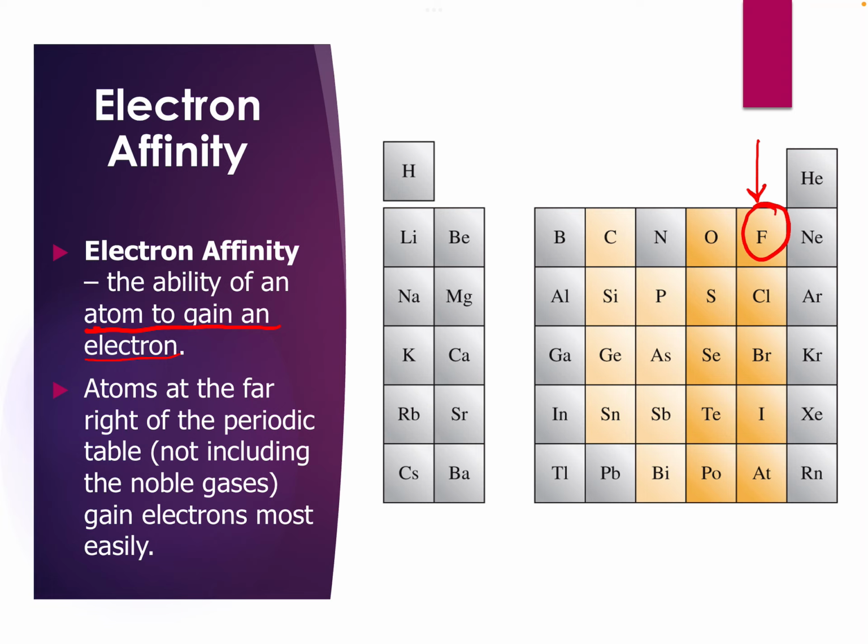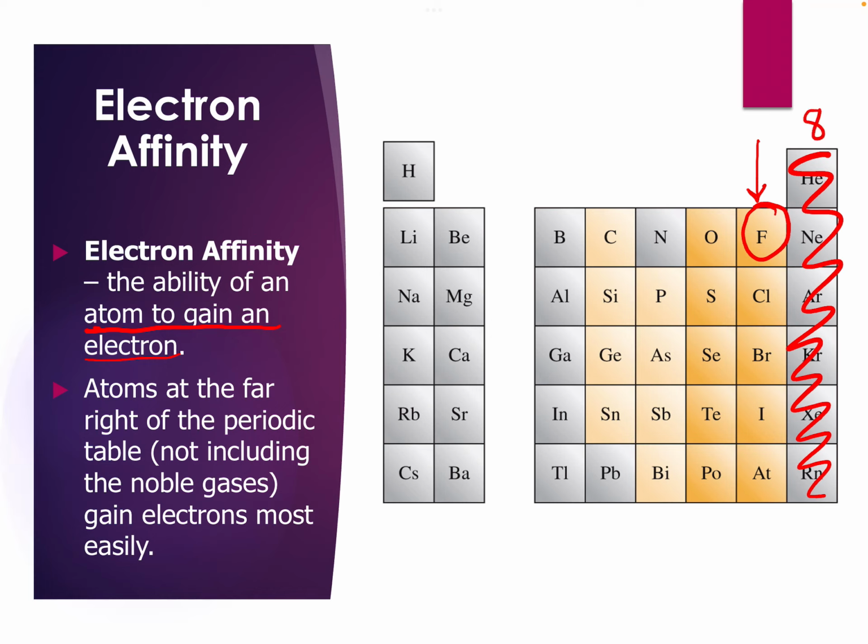When we talk about electron affinity, we are actually not going to talk about the noble gases. The reason for this is that noble gases don't gain electrons. Remember we talked about the fact that noble gases are unreactive, and the reason for this is that they have a complete outer shell.